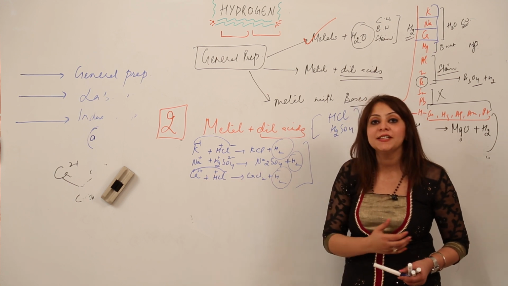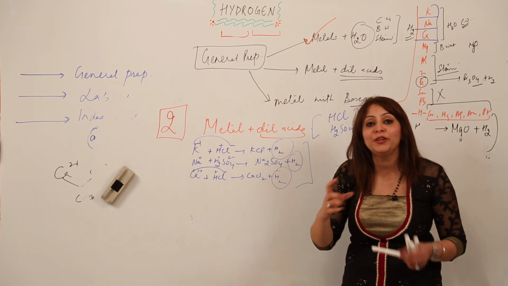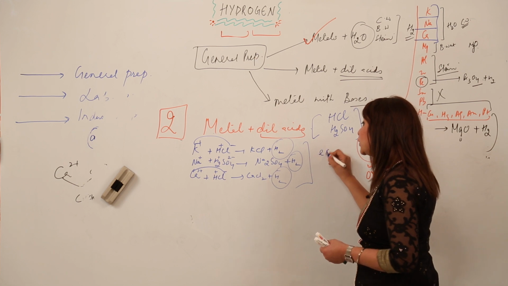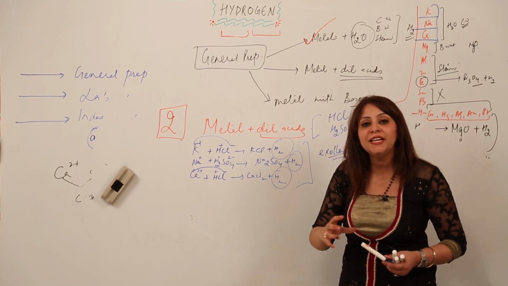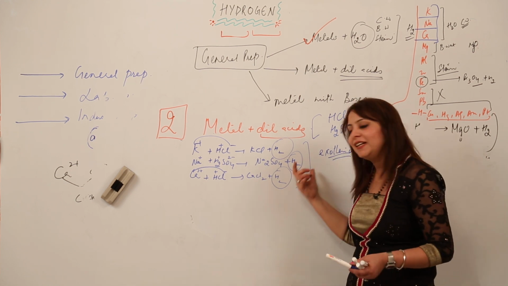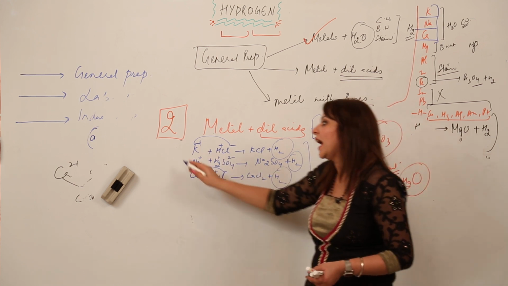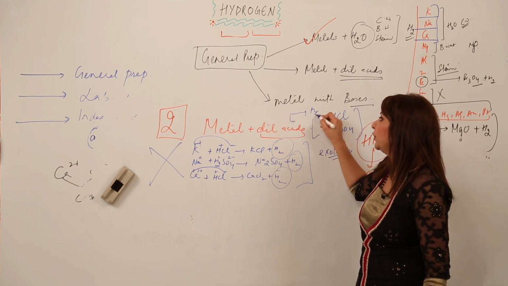The reason is very important, because we need hydrogen, we don't need an explosion. All these reactions are exothermic. They produce heat in such an amount that an explosion occurs. We just need hydrogen gas. That is why these metals are not considered the right elements to react with dilute acid to produce H2 gas.